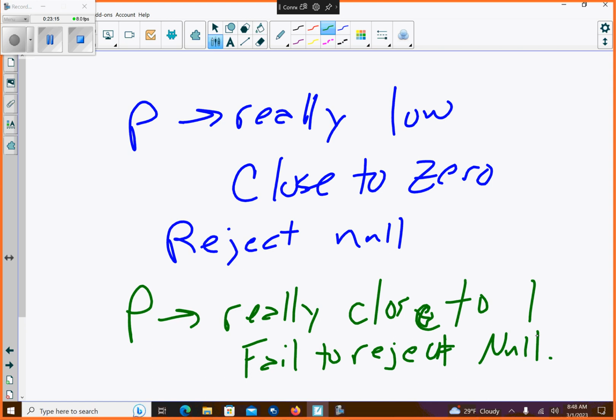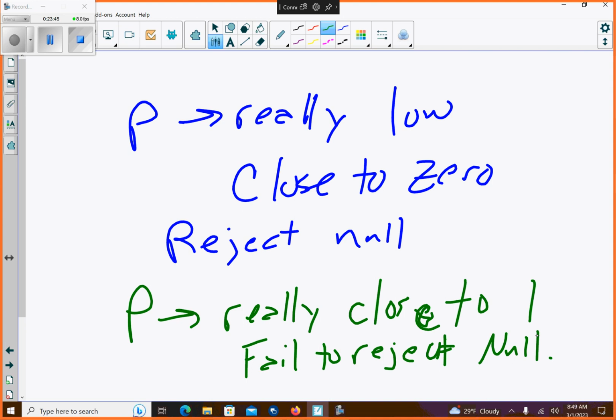That's about as far as I'm going to go with this. Tomorrow we're going to finish up with the p-value, because it's a really big idea and I don't want to cram it into the next 12 minutes. You create a null hypothesis. You then create the alternative, which is going to be a 1 or 2 tail.